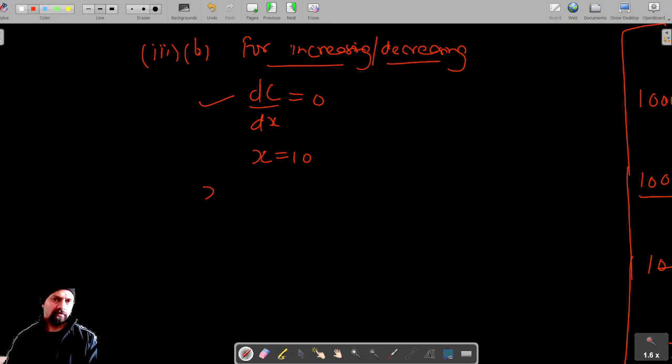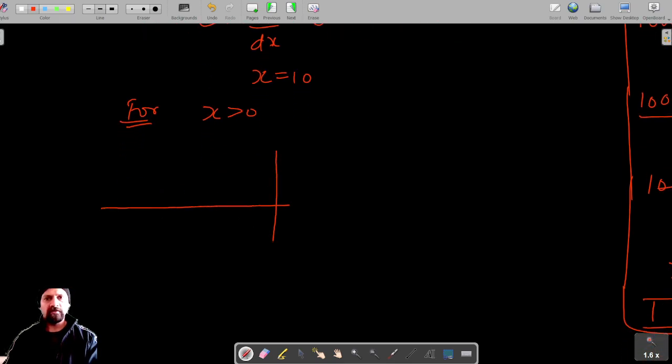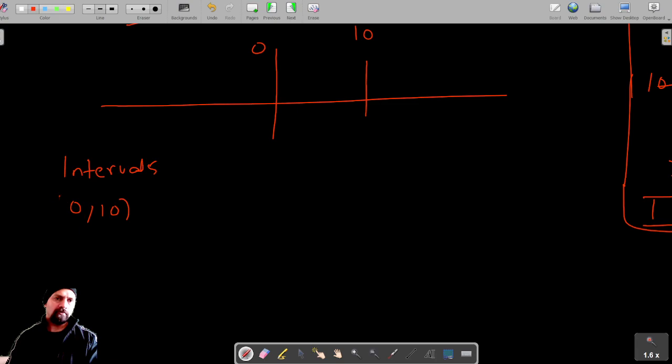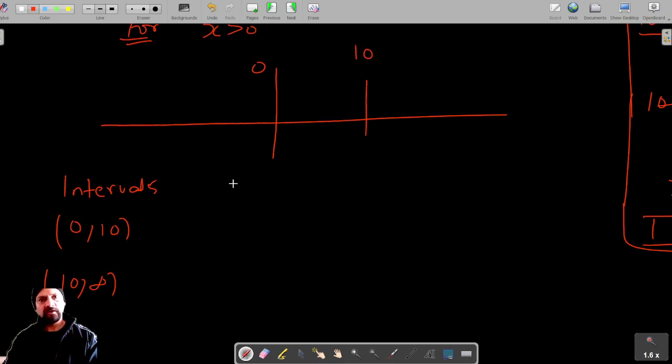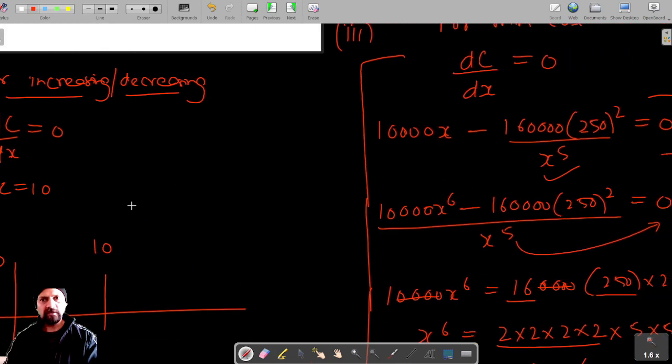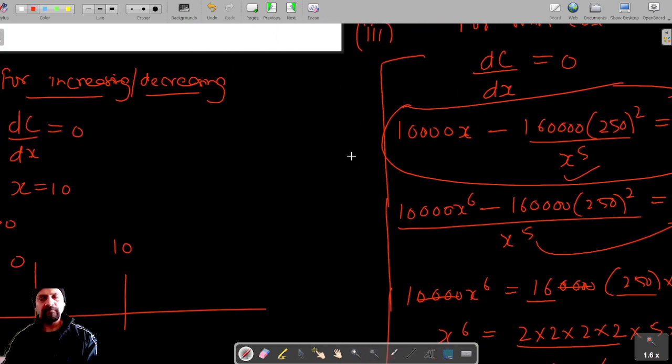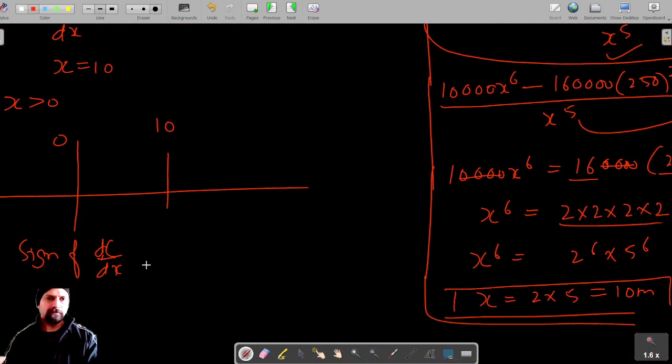And it's given in the question that we have to check for x is greater than 0. So this is 0 and this is 10. So our intervals are 0 to 10 and 10 to infinity. Now the sign of dc by dx for 0 to 10 will be negative.